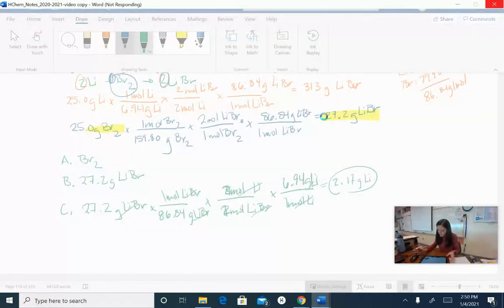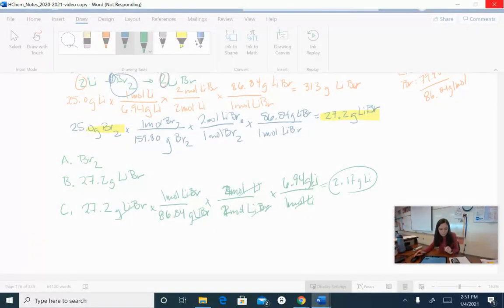Let's see. And my computer is thinking again. So if I start with 25 grams, which I started with way up here, and subtract 2.17, 25 minus 2.17 leaves me with 22.83 grams of lithium left.